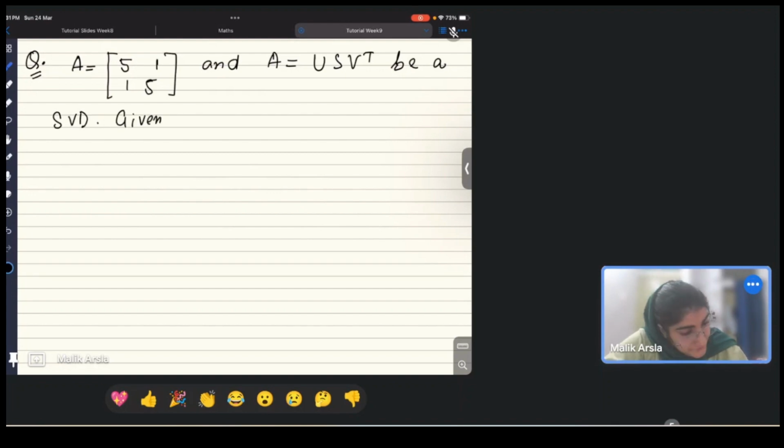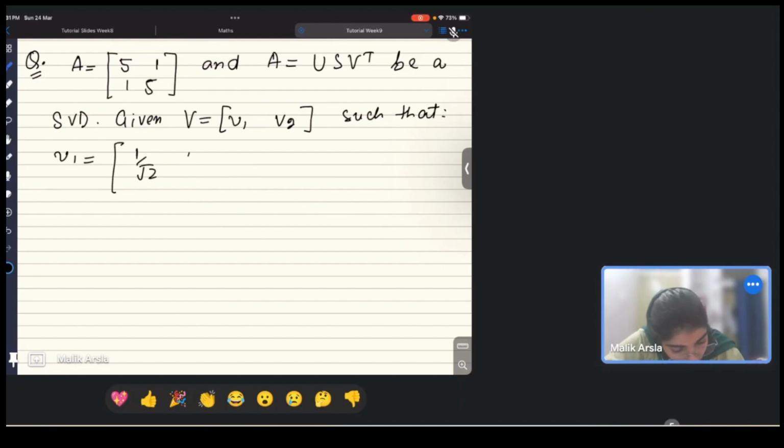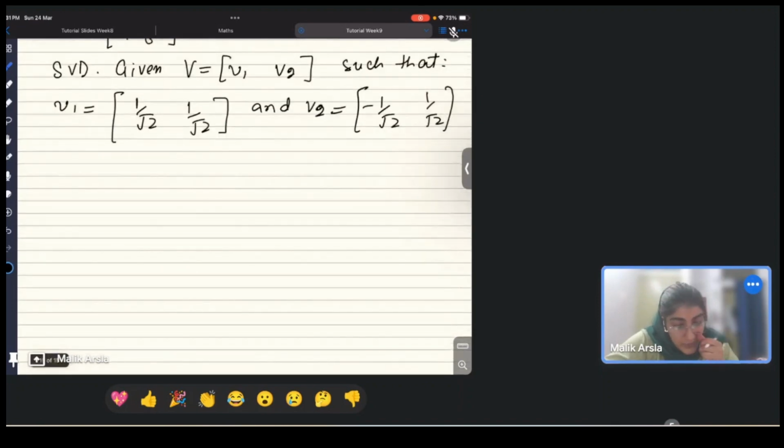Now given vector V as V1 and V2 such that V1 is equal to 1 by root 2 and 1 by root 2, and V2 is equal to minus 1 by root 2 and 1 by root 2. So basically the V matrix has been given. And then we have been given an arbitrary vector x.